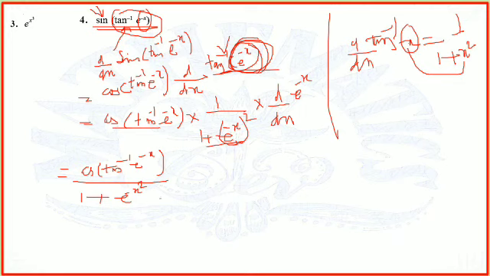Then into the derivative of e to the power minus x, which is as it is, e to the power minus x, and then the derivative of minus x is minus 1.